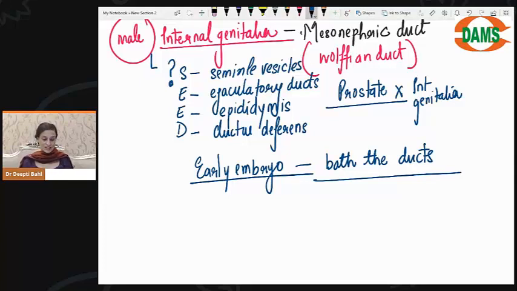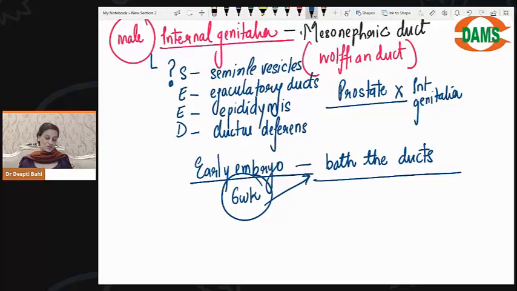Now we're going to look at what we have done so far, and understand how it is eventually going to convert into male or female. At around 6 weeks, both the ducts can be seen in the early embryo.